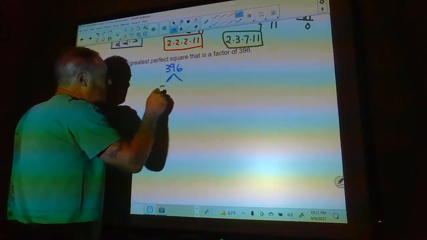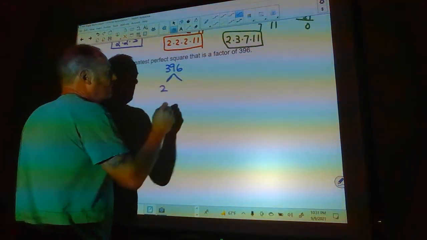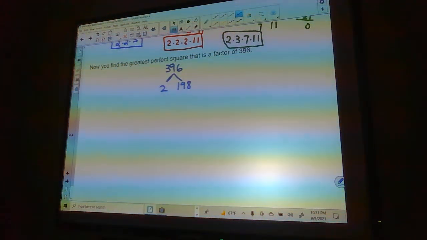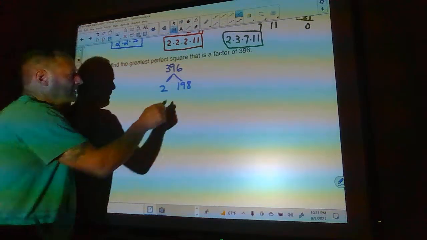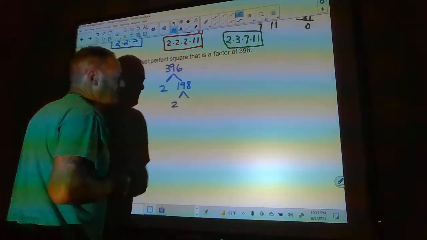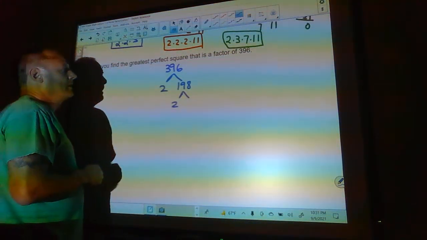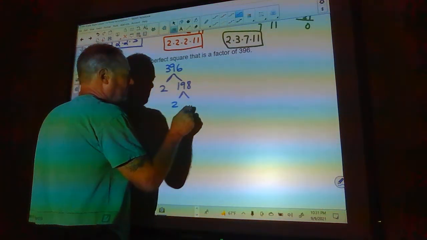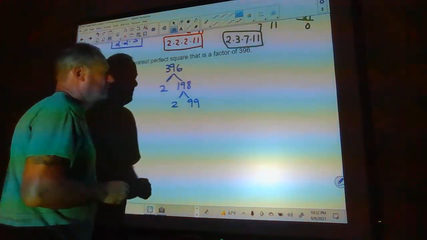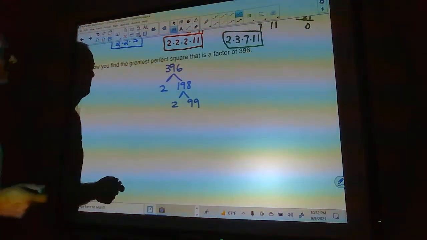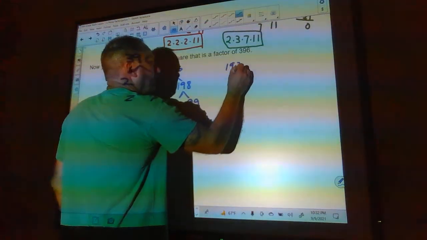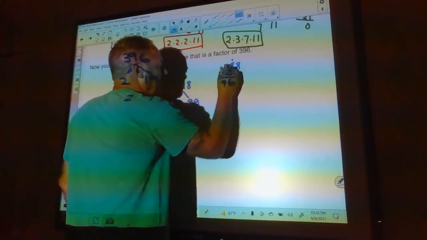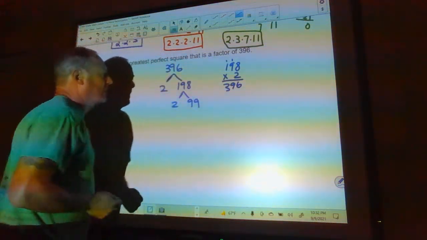So it's even, so 2 will go in there 198 times. Even number, so 2 will go in there 99 times. Did I do that right? Let's see, 198 times 2, 16, that's 18, 19, that's 3, yep, okay, there we go.